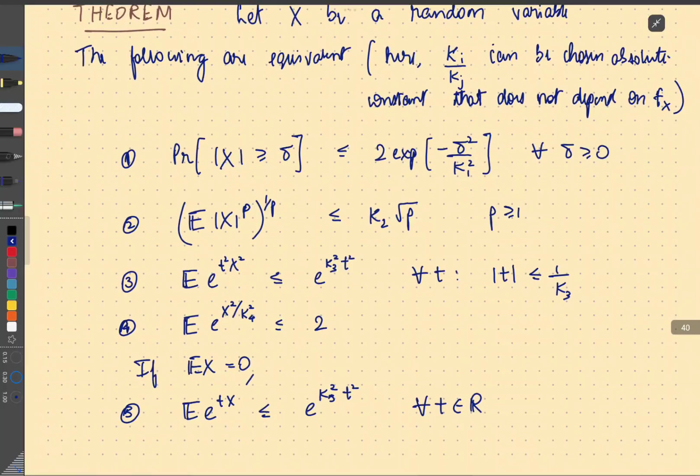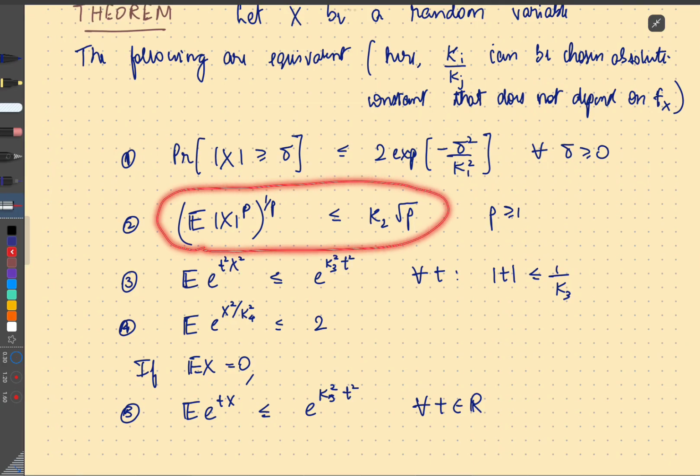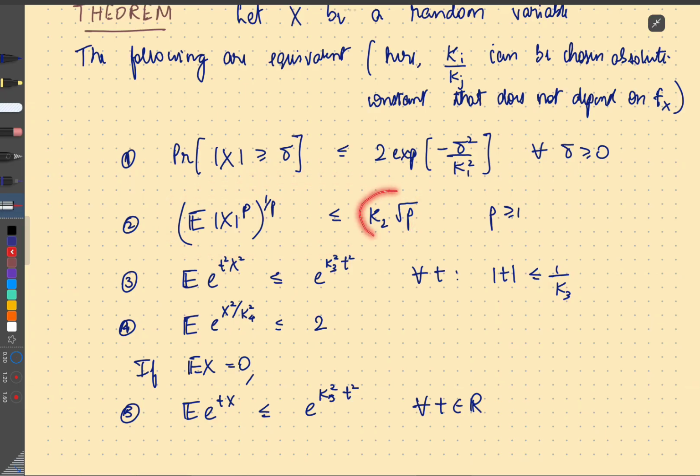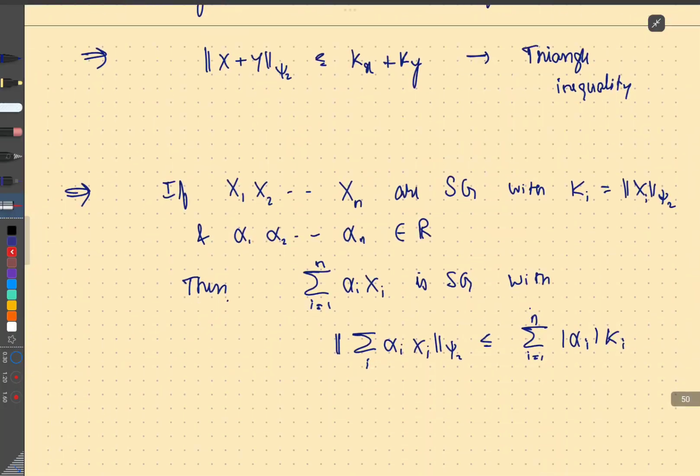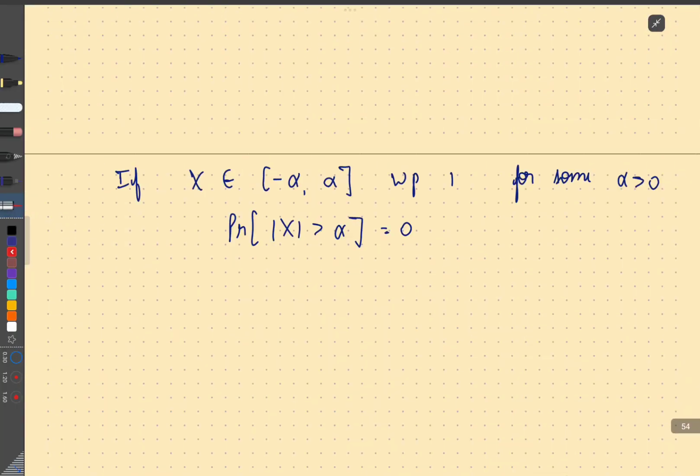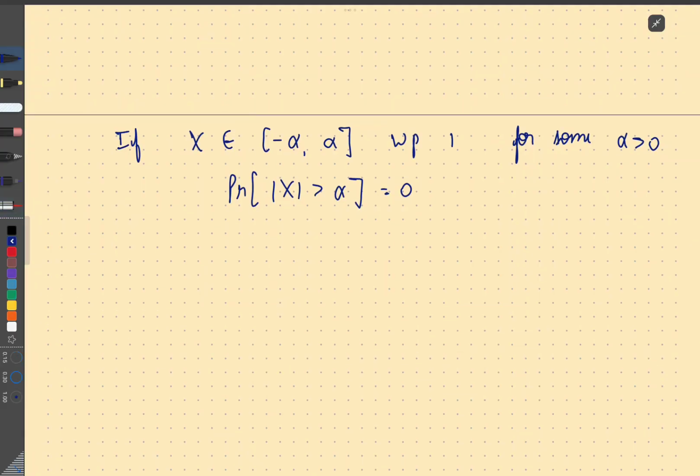Going back to the theorem, we'll use those properties which are easiest to work with, and in particular I'll use property number 2, that expectation of mod x to the power p whole raised to 1 by p should be less than or equal to k2 times square root of p. So I need to get a bound on expectation of mod x to the power p.